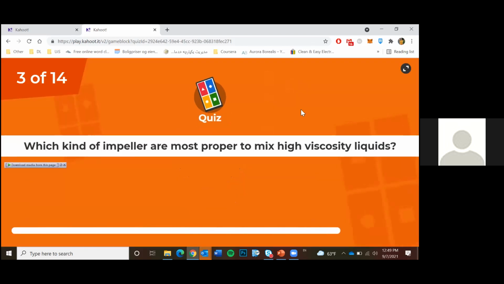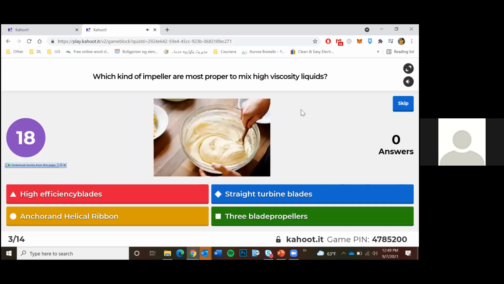Which kind of impeller is most proper to mix high viscosity liquids? High efficiency blades, straight turbine blades, three-blade propeller, anchor, helical anchor, and helical ribbon.